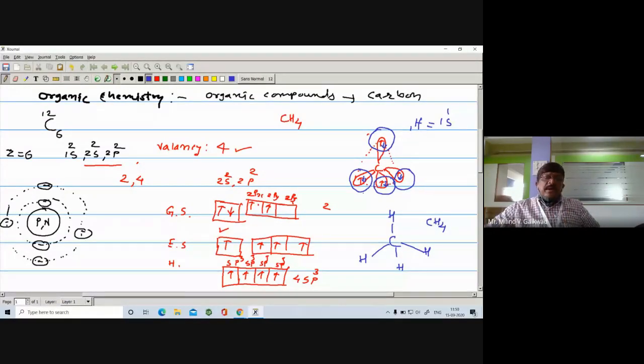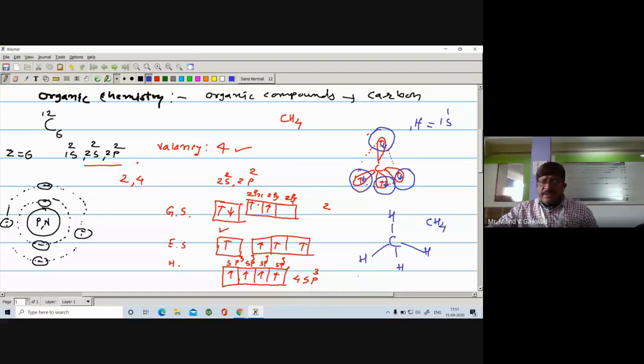How does it come? Here the outermost electronic configuration is 2s2, 2p2. One of the electrons from the ground state 2s is excited to the 2pz. Every orbital then has one single unpaired electron which can combine with another element.